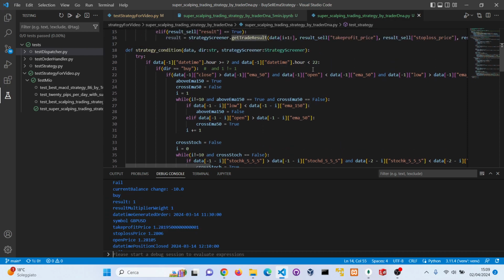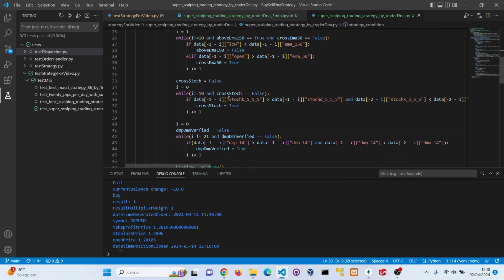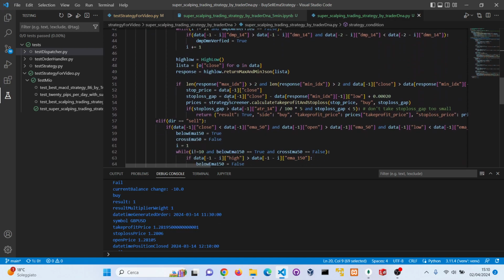Another condition that I didn't mention is that you can only take trades during the London session or the New York session. Here is the code. For the stop loss, I did as he suggested.